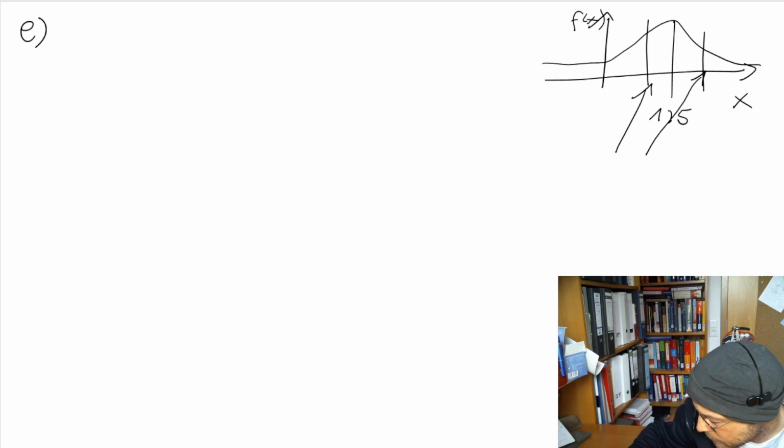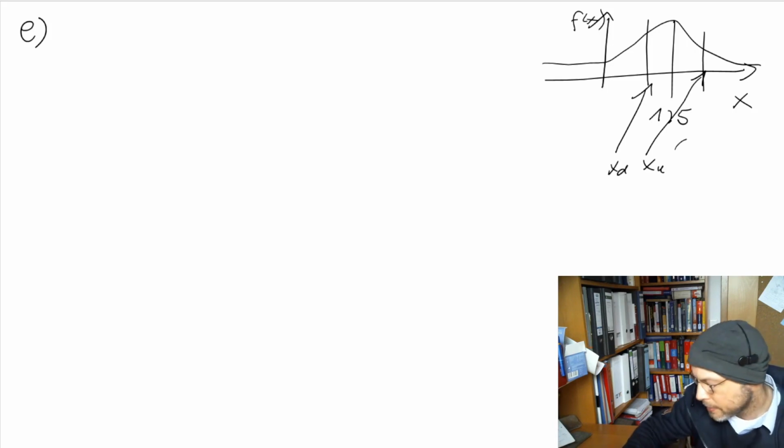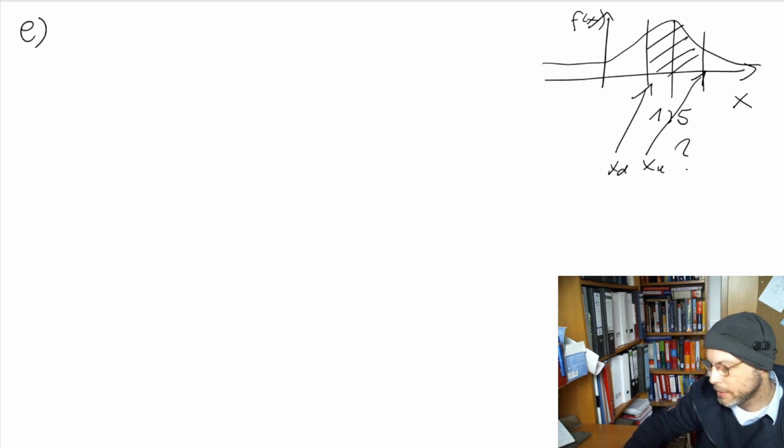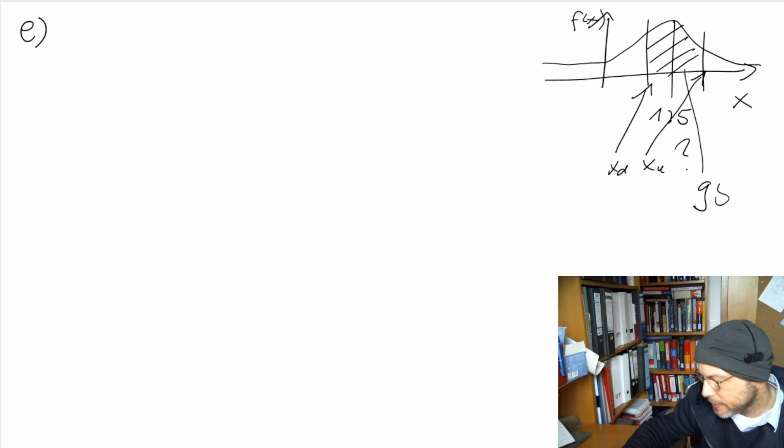Let's say this is x down and this is x up. This is the question, but we know that the area here is 95%.